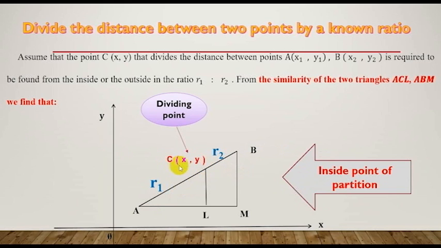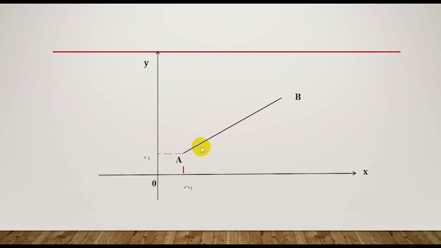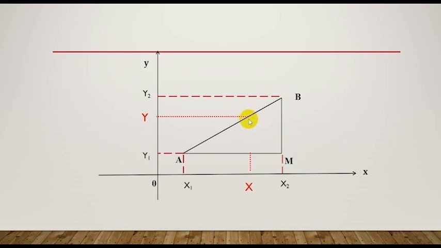So this C will divide AB from inside because it is between A and B. Of course, if I have a line like that with A (x1, y1) and B (x2, y2), and that line gives me x and this one gives me y, so we have triangle ABM right now, and we need to get the division point, the point C that will divide the line A and B, which will give two triangles and R1 and R2.